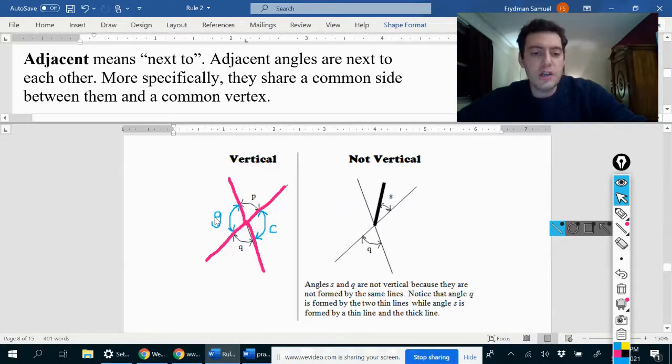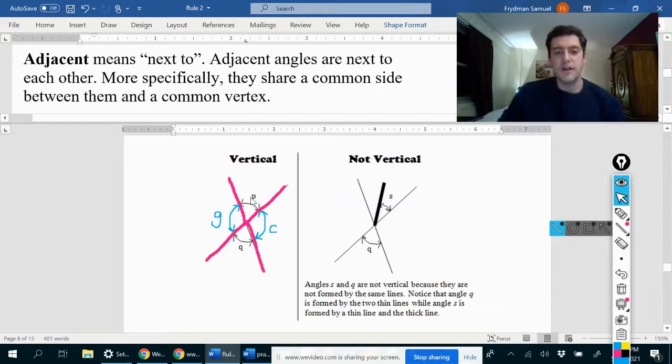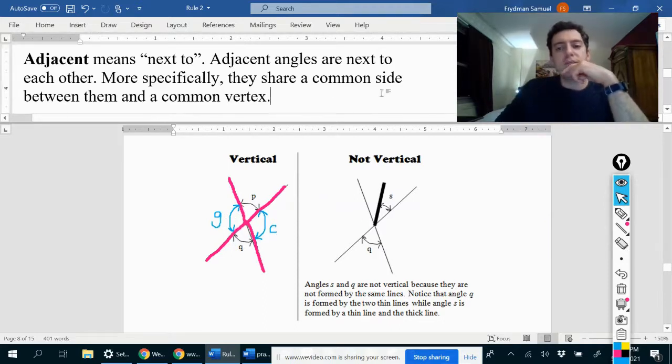Q and G share a common side and a common vertex, so Q and G would be adjacent, not vertical. Q and C would also be adjacent. C and P would also be adjacent, but these are not vertical. Again, P and Q are vertical, G and C are vertical. So rewatch this part of the video if you're getting vertical and adjacent confused, because that happens all the time.